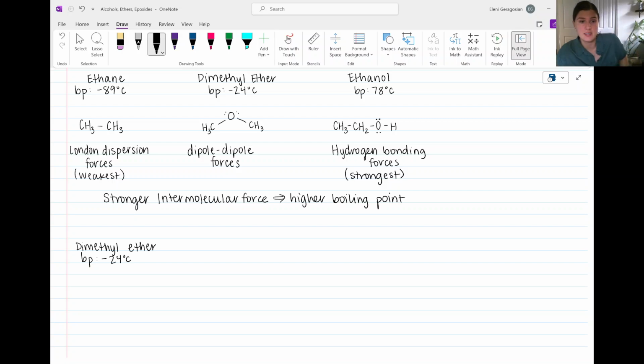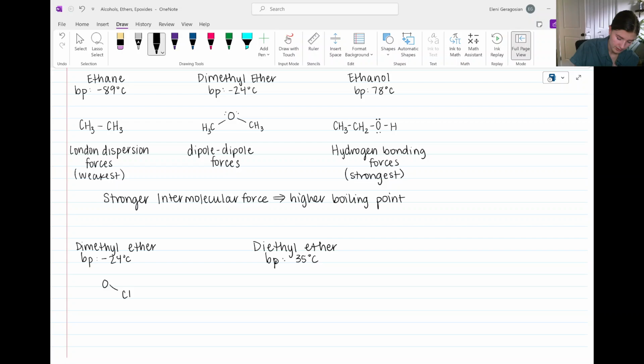So this means it is a gas at room temperature because its boiling point is lower than room temperature. And if we compare that to diethyl ether, its boiling point is 35 degrees Celsius, and that's above room temperature.